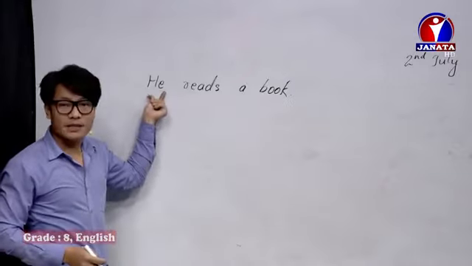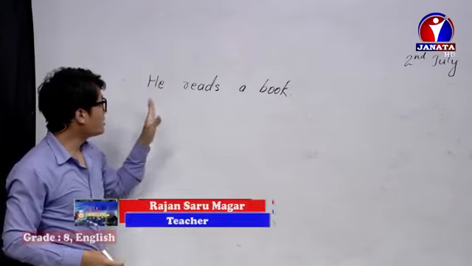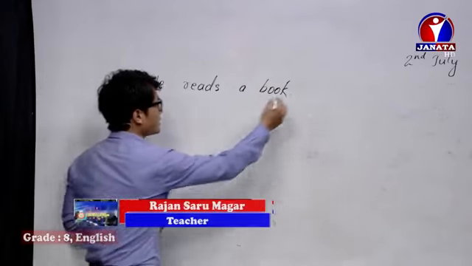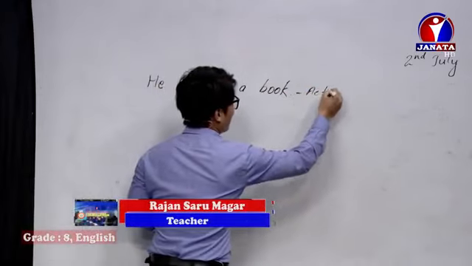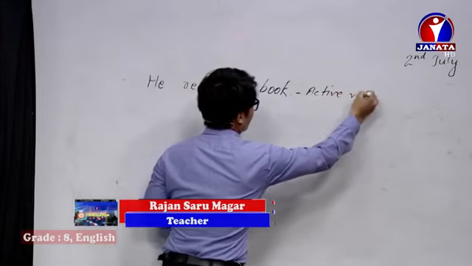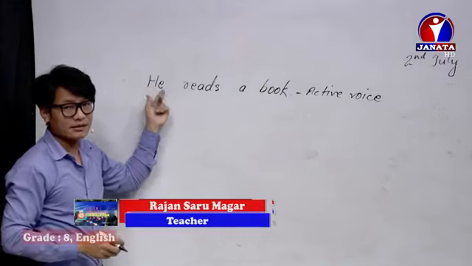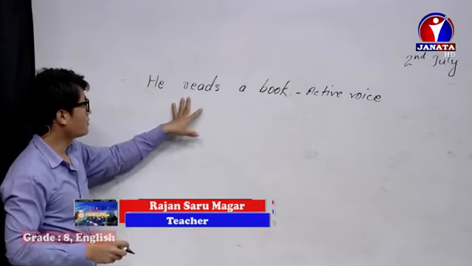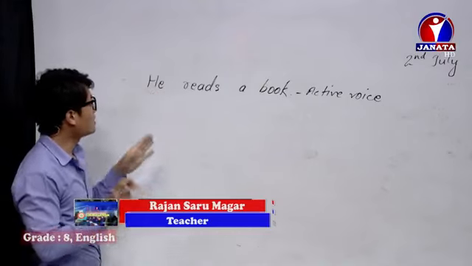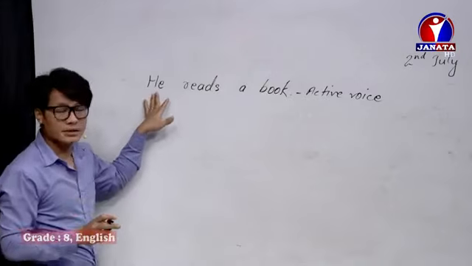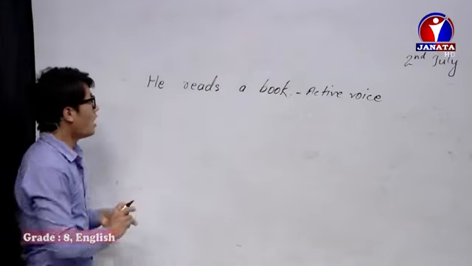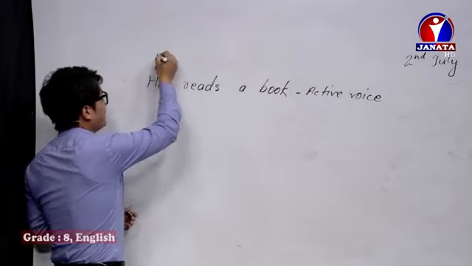He is the subject and he is the doer here. So this is active voice. Why is it active voice? Because the subject is active here. The subject stands as a doer. So this is active voice. The subject is he.